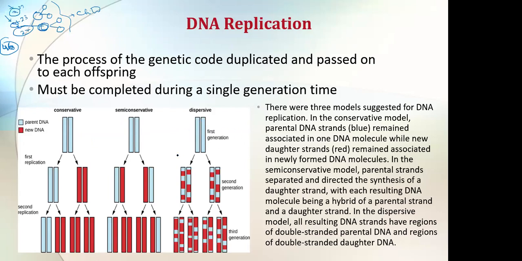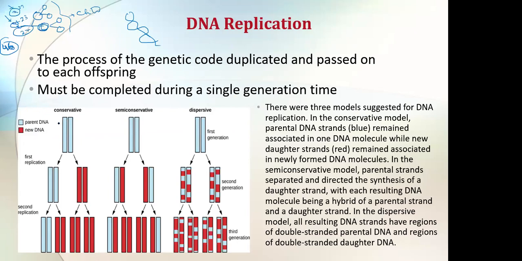Now there are three different types of DNA replication. One is called the conservative process, the semi-conservative, and the dispersive process. The conservative process says, DNA has a double helix structure, right? I hope you remember that it is made up of two strands.